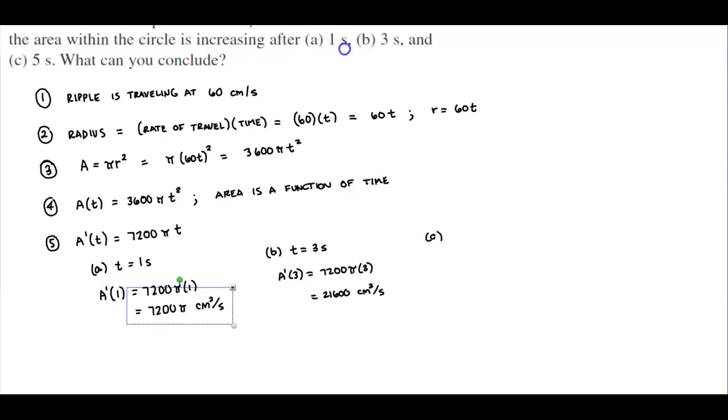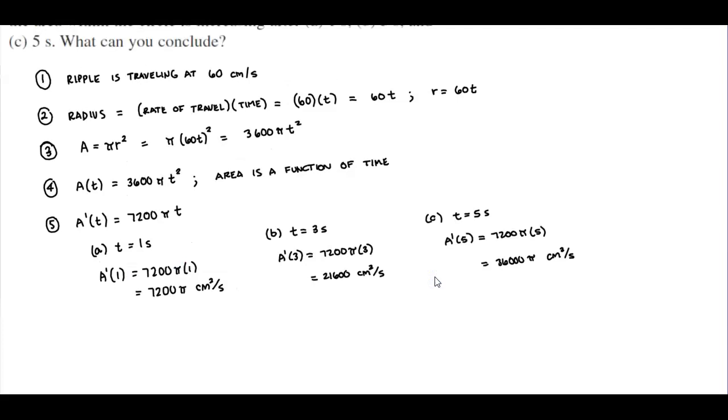And then for part C, we let t equal 5 seconds. So we want A prime of 5, which is equal to 7200 pi times 5. And that gives us 36,000 pi centimeters squared per second.